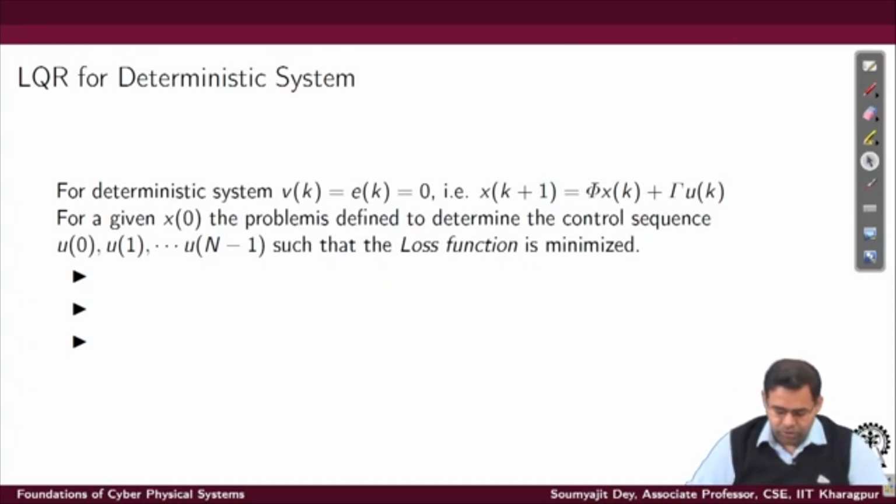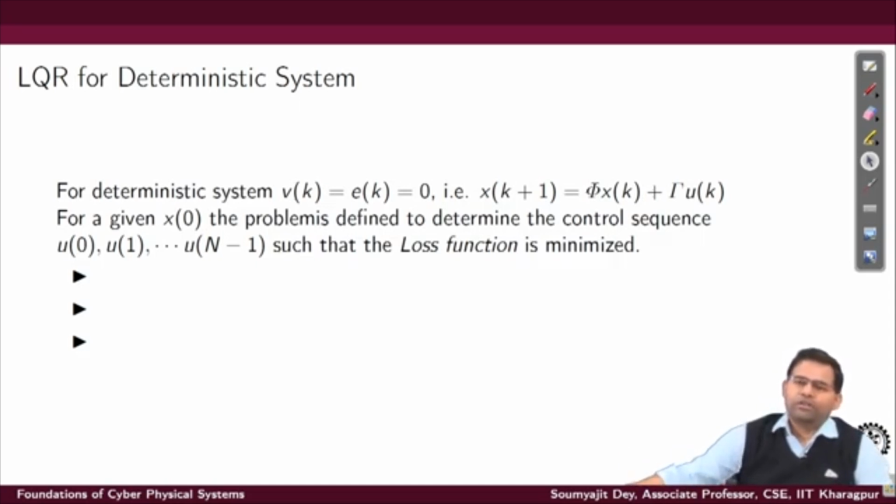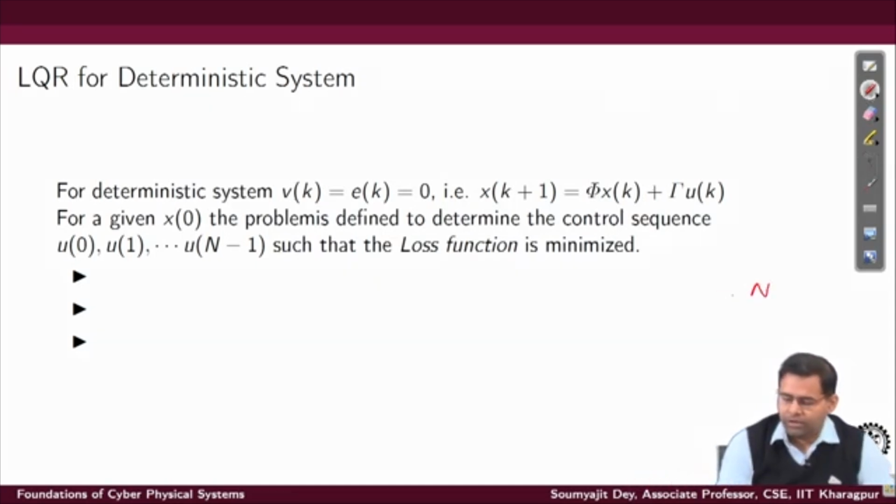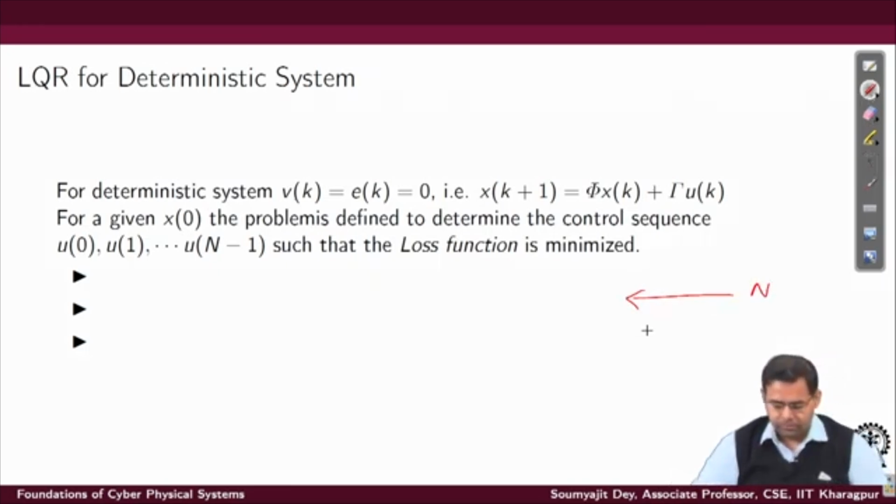So, we will assume that initial decisions may have been optimal, and that helps us to start computing the control input for the future, that means from the nth step, and then going back in time towards the first decision.